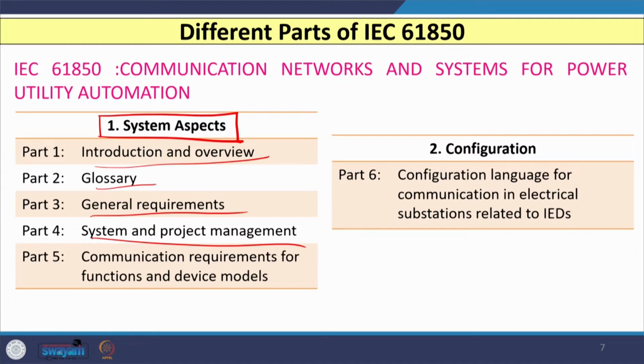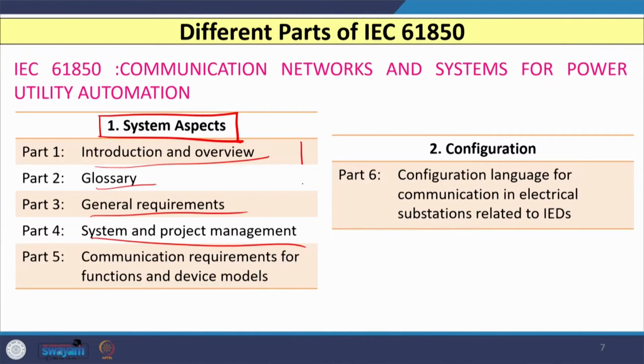So, system aspects, which contains parts 1 to 5, covers the overview, the general requirements, the requirements related to system and project management, and the communication requirements for different functions and models.